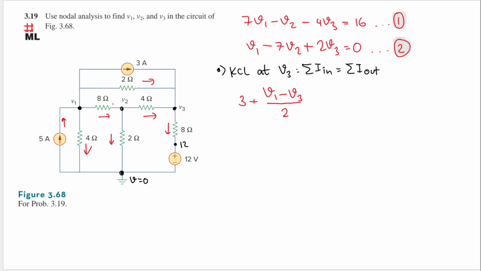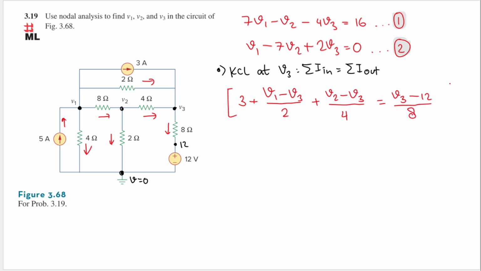And then this one, I will have V2 minus V3 divided by 4. And then the last one will be the current that goes out. So this one, I will have V3 minus 12, divided by 8, right?